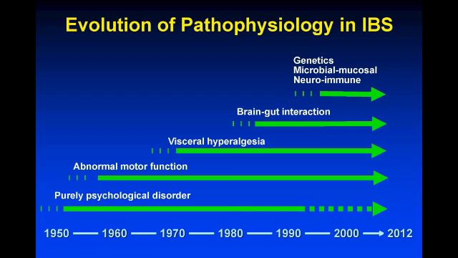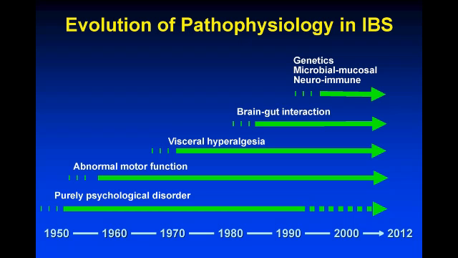But we know that patients with IBS in particular have diarrhea or constipation, so a lot of the research was done on looking at the motility of the bowel. What happened with that is that we found that not every patient with IBS had the same motility abnormality, and the motility abnormality didn't always correlate with symptoms. And then we recognize that these syndromes are associated with pain, chronic or recurrent.